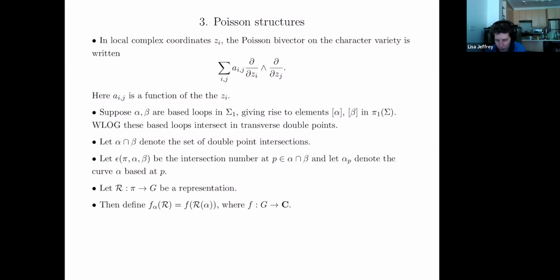It could be a real function, something like the real part of trace. So you're evaluating f at R of alpha, which is a point in G.